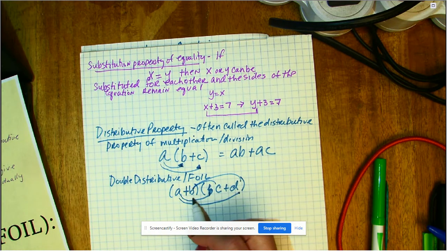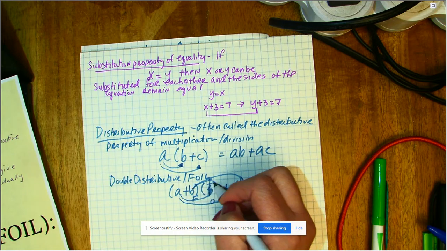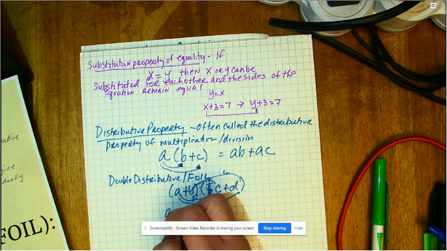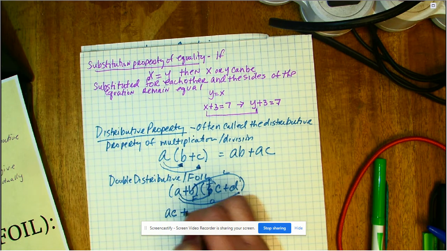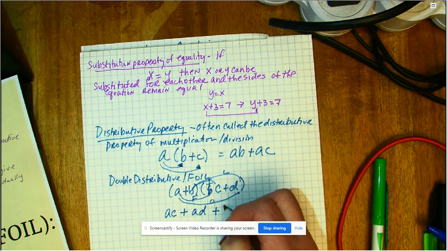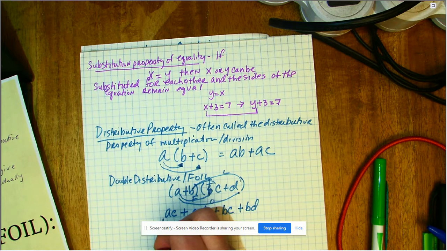We call this first, outside, inside, last. So A times C plus A times D plus B times C plus B times D. First, so the first in each parenthesis.